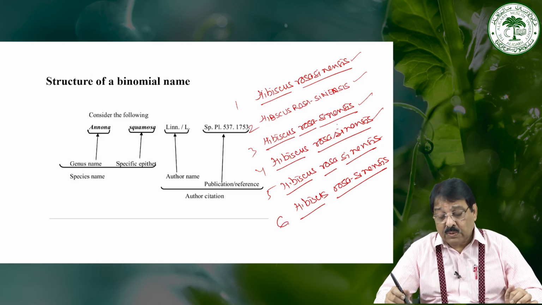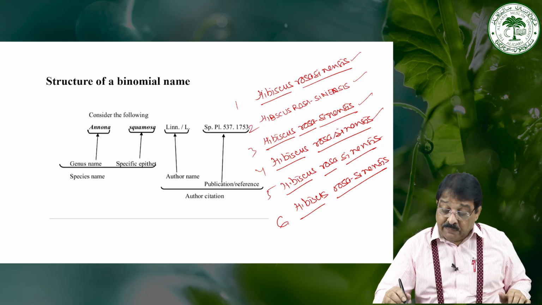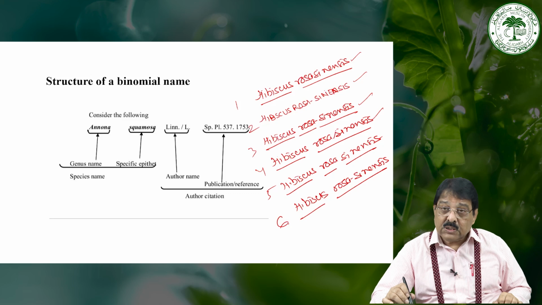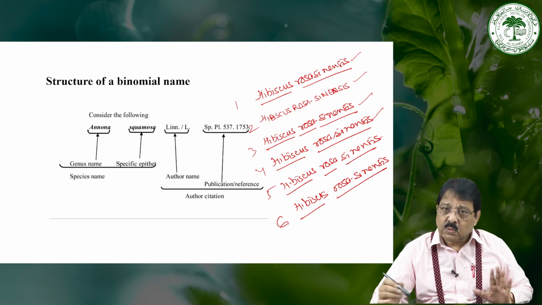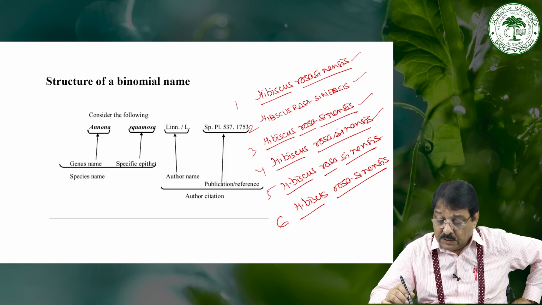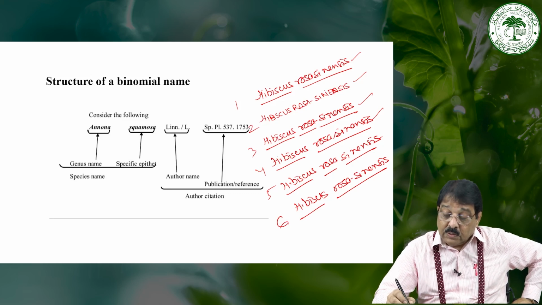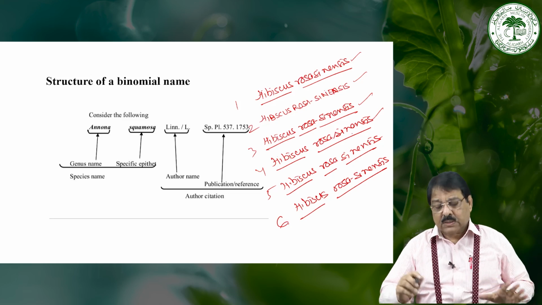If we do not unite a specific or generic name consisting of more than 2 words, then it will become a trinomial. So to avoid disrespecting the rules, we have to follow them, and we unite the 2 words by a hyphen forming a single word.